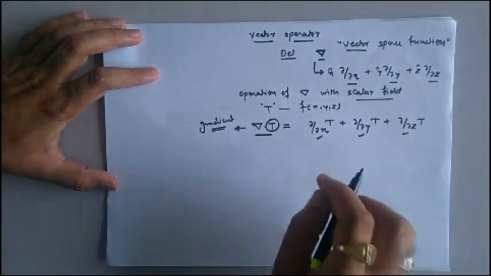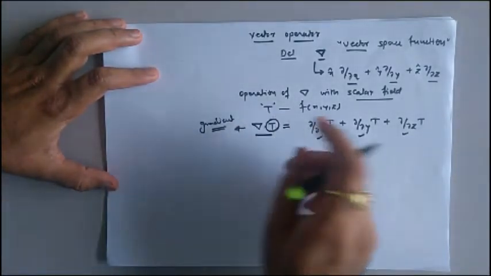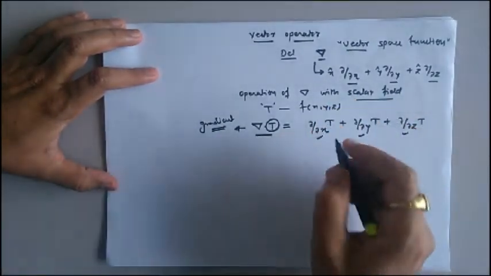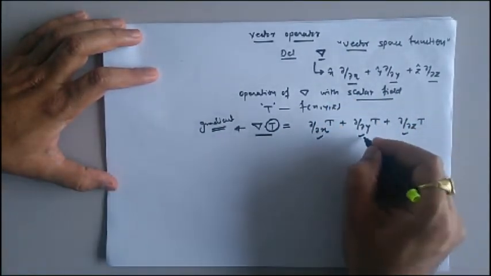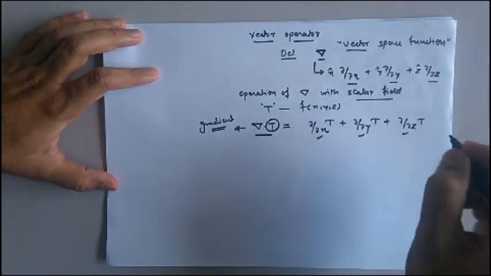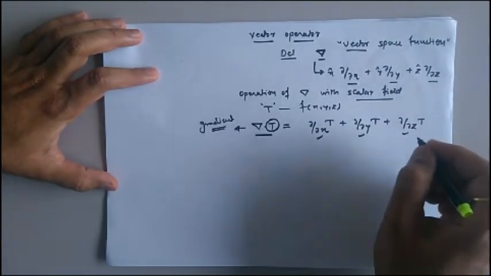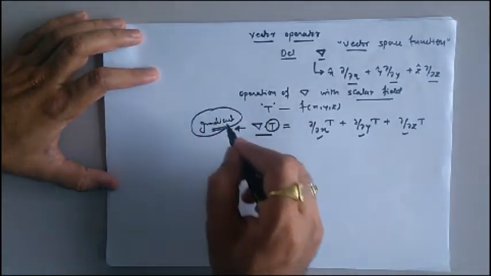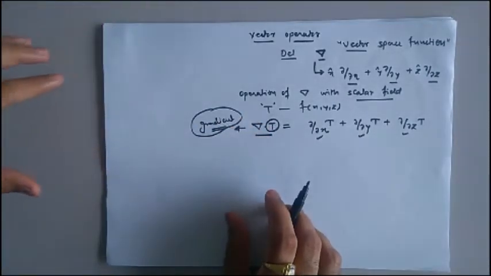That means if I want to find out how my temperature scalar field is going to change with respect to position along the x axis, along the y axis and along the z axis of a given Cartesian coordinate system, then in that case we need to apply one operator and that operation is known as gradient.